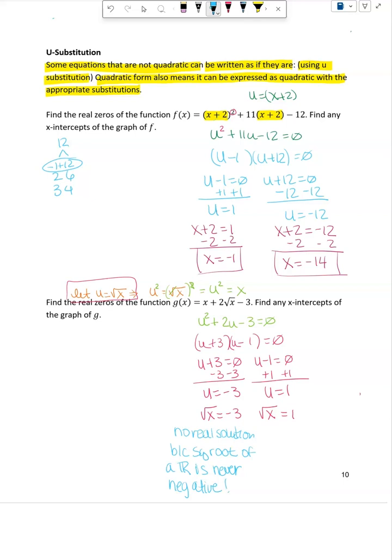Okay, but what about this one? Is there anything that we could take the square root of that would equal 1? Well, x could equal 1, right? The square root of 1 is 1, so that would work. So that would be our answer for that one.